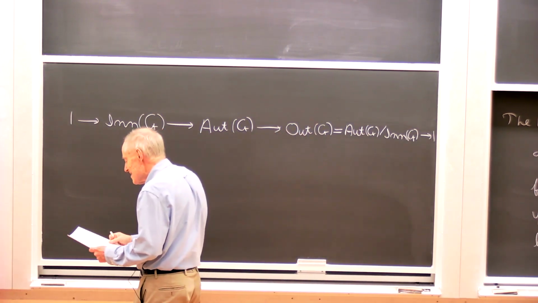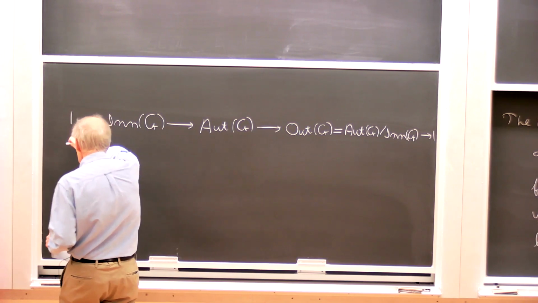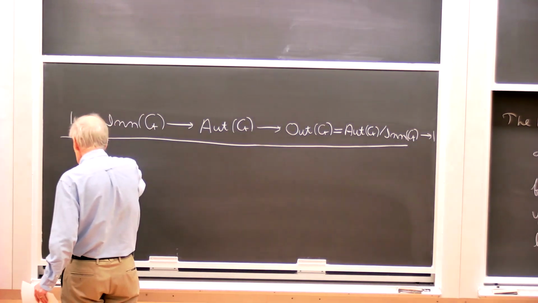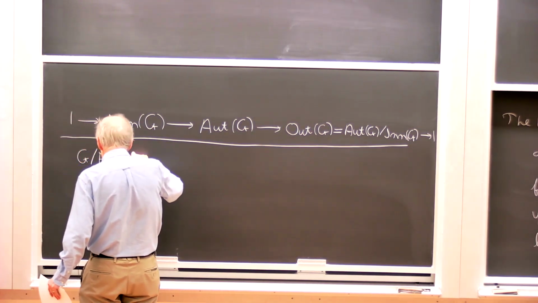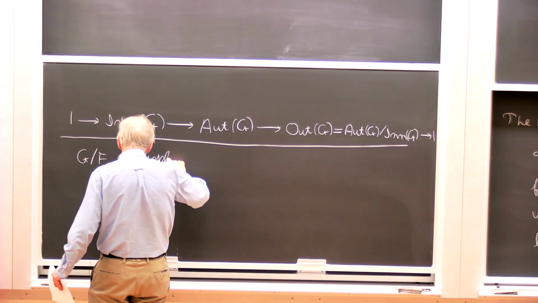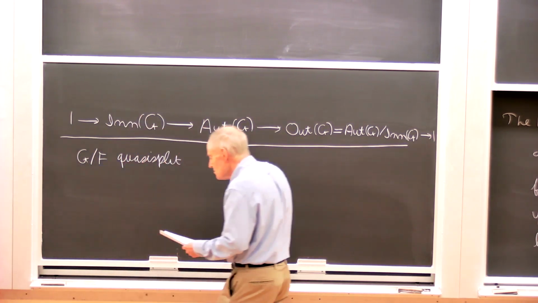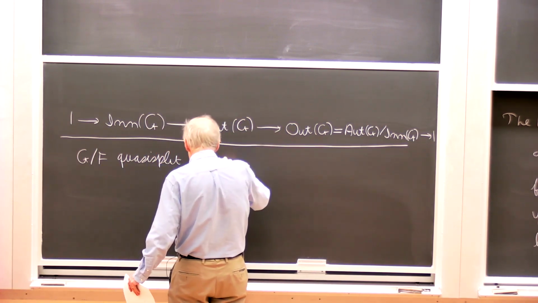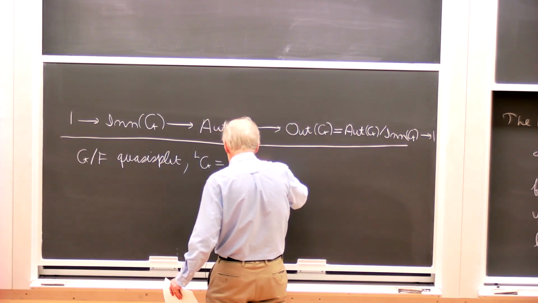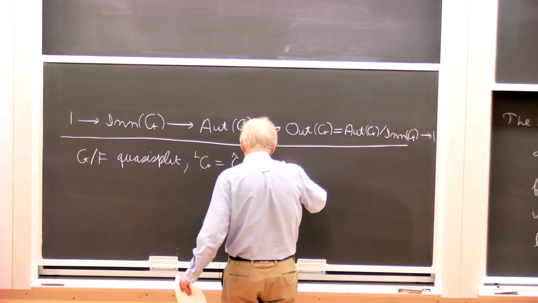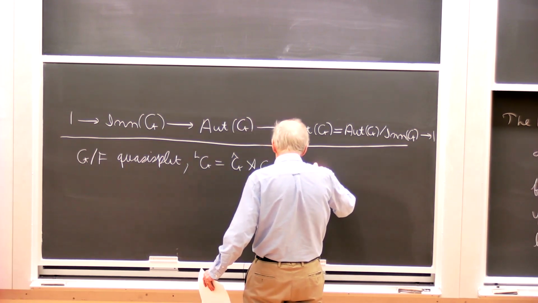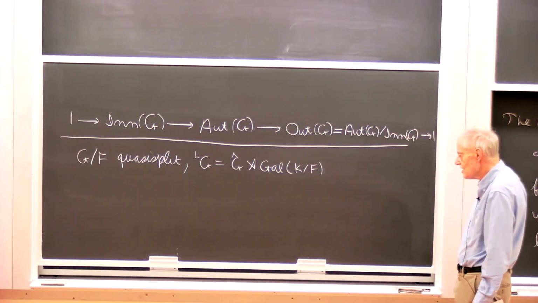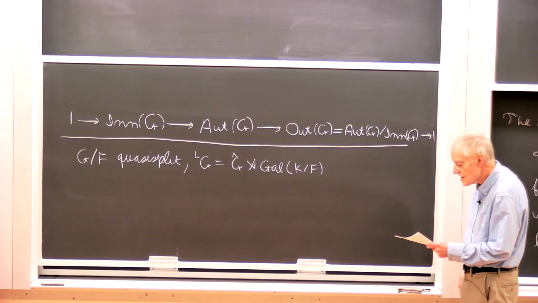Okay. Well, after all that, we're going to take G over F, a number field, quasi-split. So then we've got the semi-direct product of this connected complex group with Galois K over F, for some sufficiently large extension K of F. This is how Langlands has set it up.